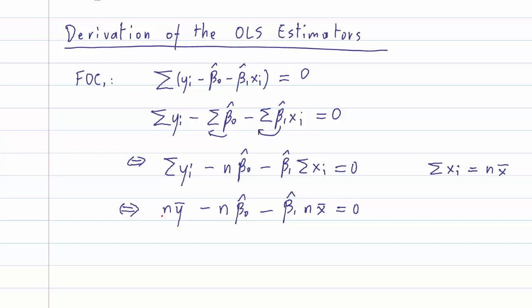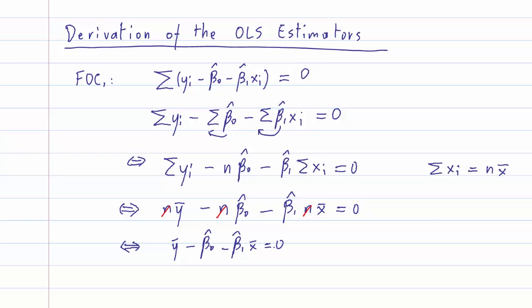We simplify by n, and we have this wonderful result that says y bar minus beta 0 hat minus beta 1 hat x bar equals 0.